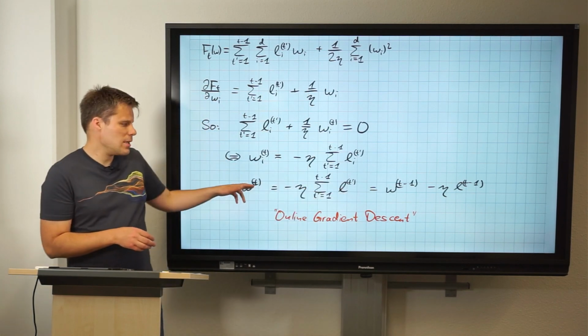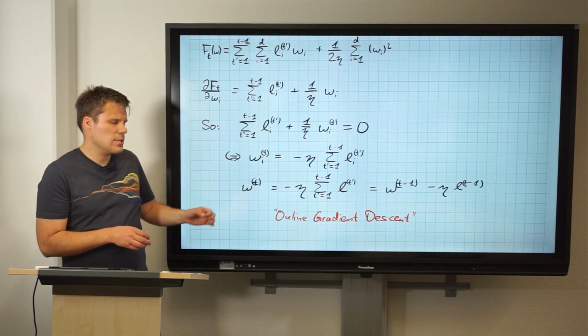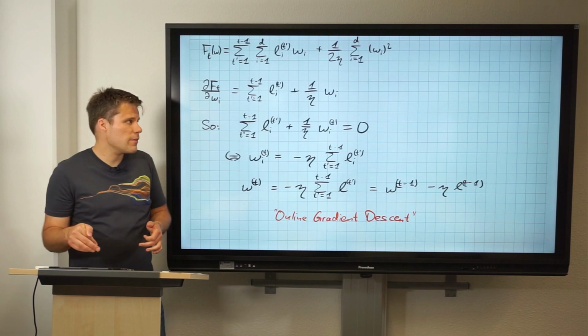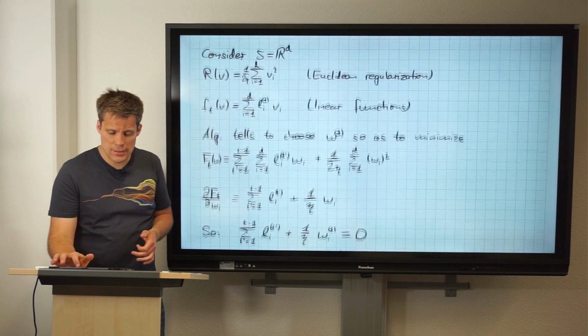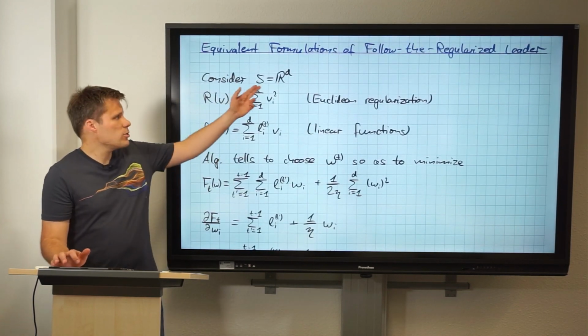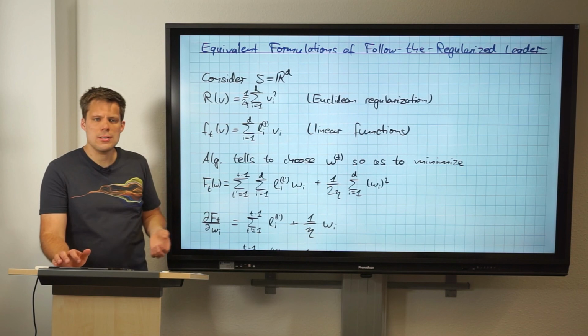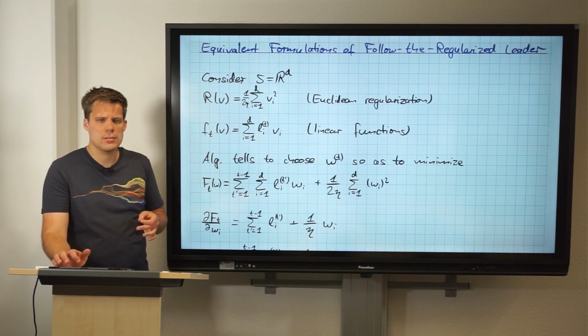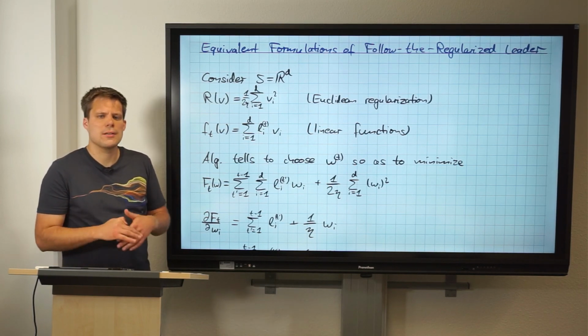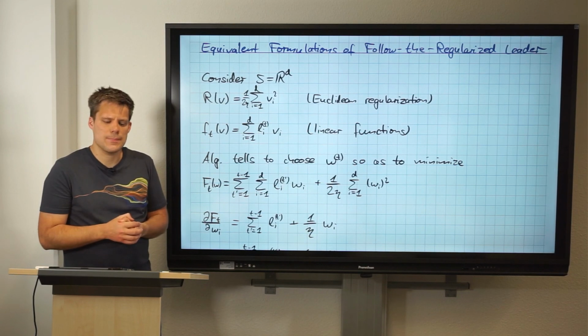One more thing to say is that this is only so easy because we don't have any constraints. I was saying that this set S should be all d-dimensional vectors. If you introduce some constraints, then things become more complicated, but effectively the general idea stays the same.